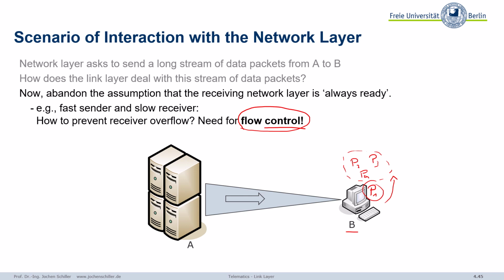Or the hardware, the processor, is simply too weak and cannot process data fast enough. Big fast computers produce maybe 1 gigabit per second. This cannot be handled by all, let's say, weaker computers. So one job is controlling the flow of data.